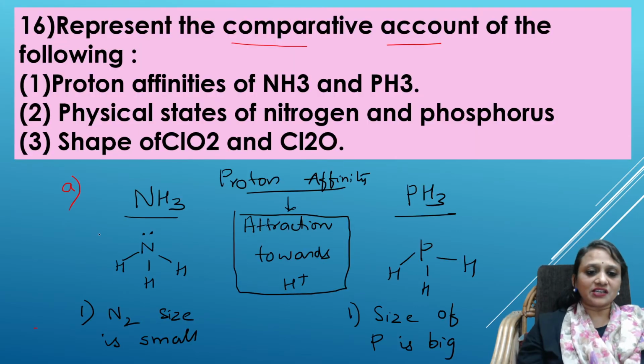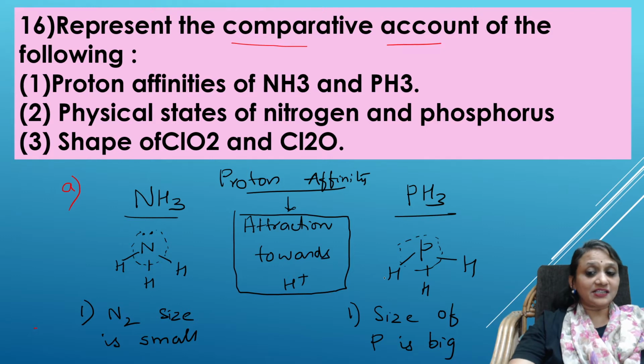The next point: when you're comparing both the sizes, in nitrogen the lone pair of electrons is concentrated on a smaller region, a smaller atom. But in case of phosphorus, it is spread over a larger space area.